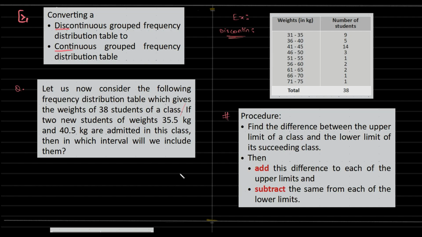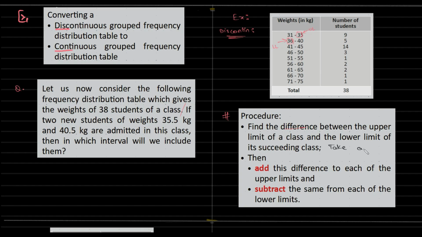So what is the procedure? Find the difference between the upper limit of a class and the lower limit of its succeeding class. So we have 35 and 36. This is the upper limit and this is the lower limit. We need to find the difference. Okay. And then divide it by 2. I forgot to mention it.